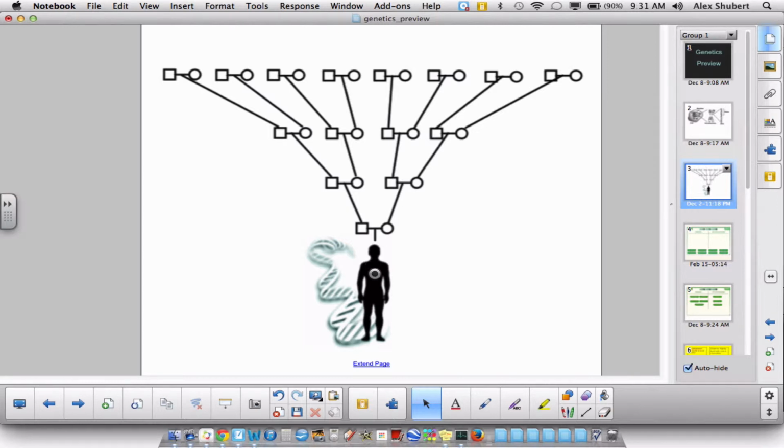So, for instance, if this is you, the squares above you represent males and the circles represent females. So if we go back generations, any person in this picture could have, in theory, given genes to you. So let's do a question or two about this picture.